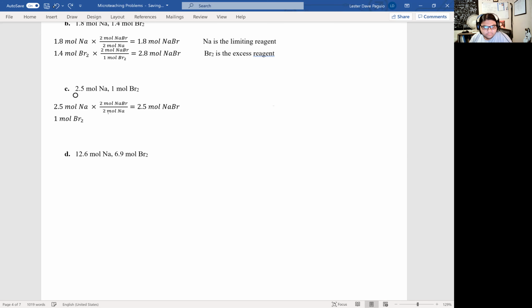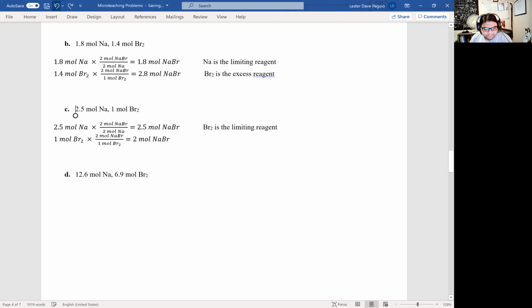Now for 1 mole of bromine, we would do the ratio again to find the number of moles of sodium bromide. So for every 1 mole of bromine, we would have 2 moles of sodium bromide, and now we have 2 moles of sodium bromide. So this time, the bromine is the limiting reagent and the sodium is the excess reagent.